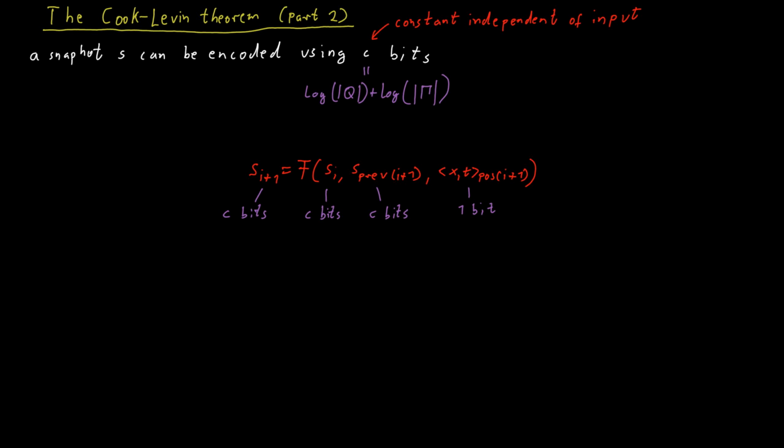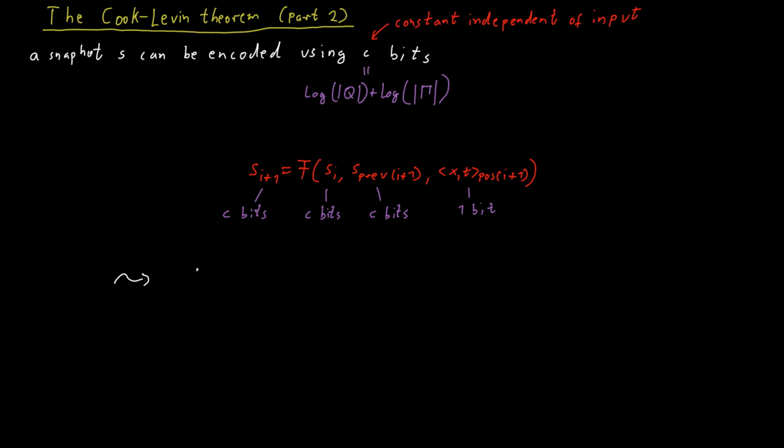So this function f takes as arguments 2c+1 bits and maps it to c bits. So we can define a different function g that takes three snapshots and a bit and should be true if this snapshot s_(i+1) follows in the correct way from these previous snapshots and the input bit.